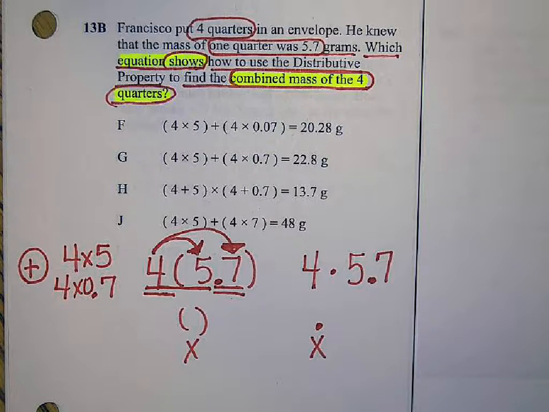Now, hold on. Let me ask you something. If I did 4 times 5 here, that would give me 20. But here, it's asking me to do 4 times 0.07. Is that what the question was? Is it 5.07?